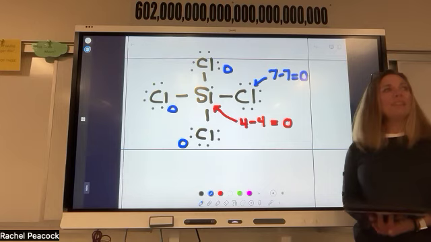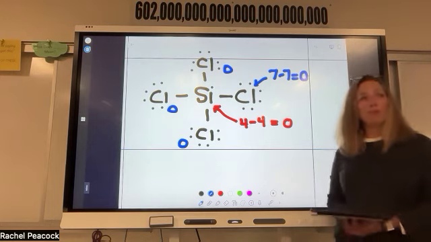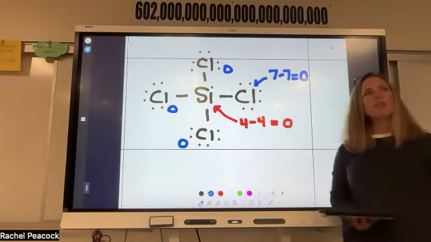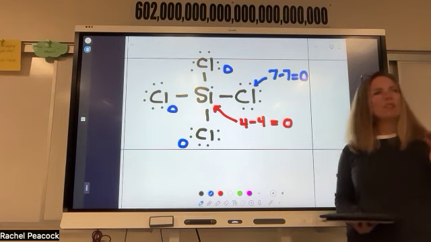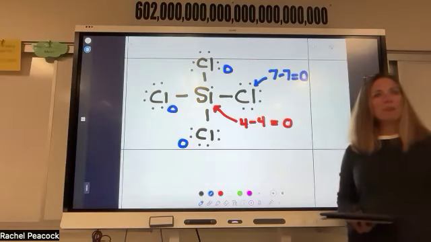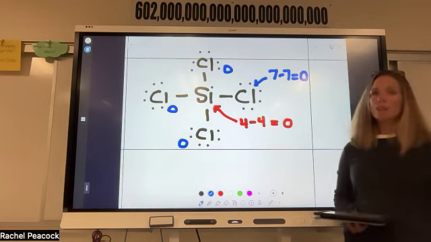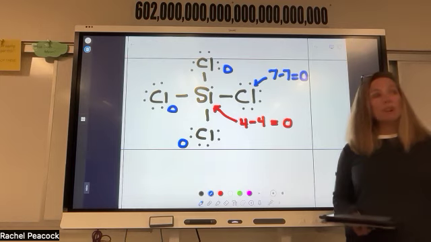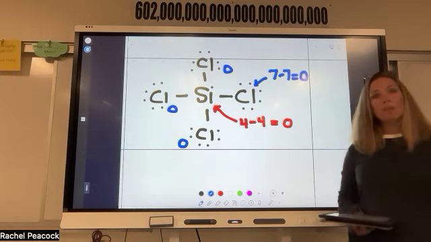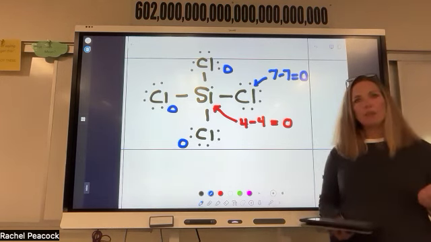That's the ideal Lewis structure, and this is what formal charge is for. Formal charge is a way to determine, if you draw the structure differently than one of your peers, is there a better structure? Or are they resonance structures? Okay. And the way you determine if it's a better structure is by looking at formal charge. If all the formal charges are equal to 0, that's the better structure.